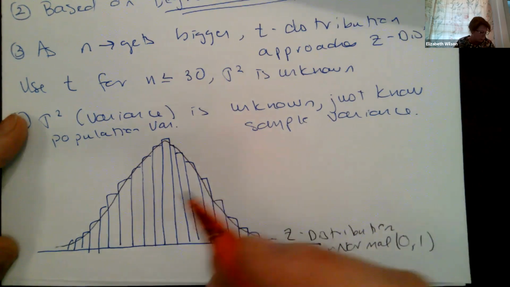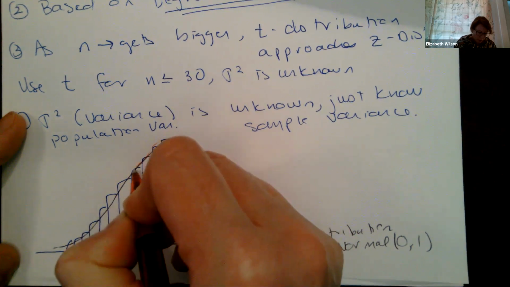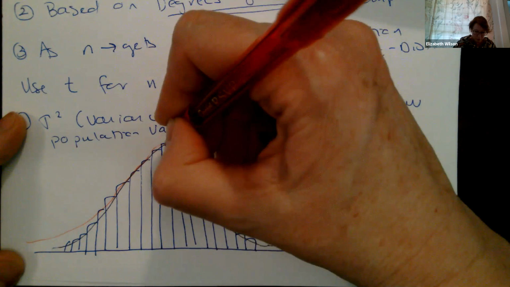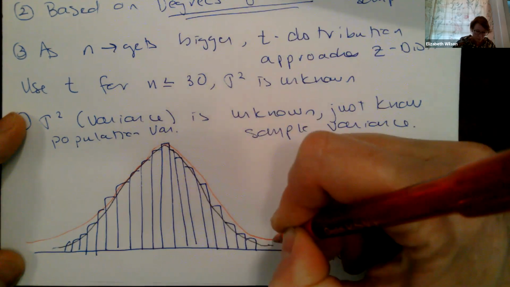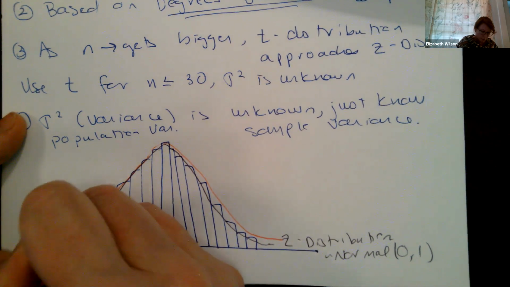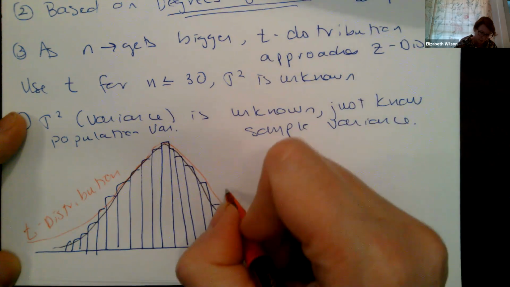And now our t table, our t distribution kind of looks like this. It's really, really close to our z, but what happens is the tails are thicker. So this is our t distribution.